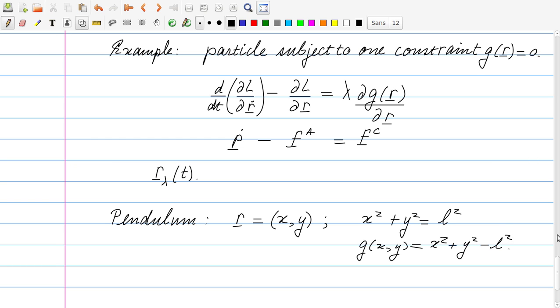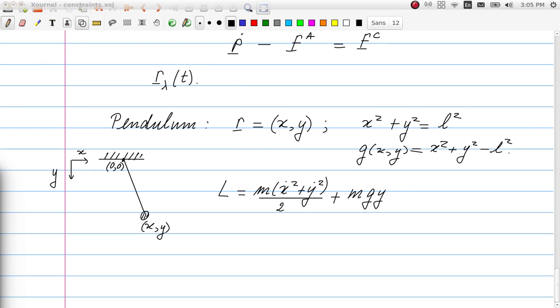That should vanish. So here is the picture. We choose y positive to be downward, and therefore we can immediately write down the L as m times x dot squared plus y dot squared over 2. That's the kinetic energy, and the potential energy with this convention for the direction of y takes on the value minus mgy, and L is T minus V, so we get a plus sign here.